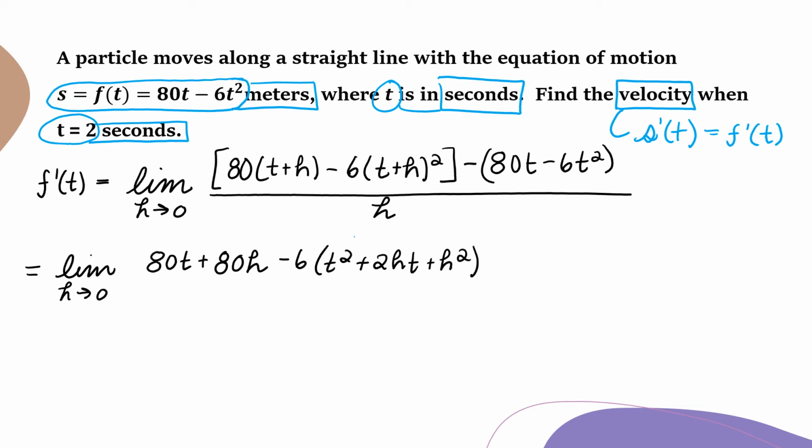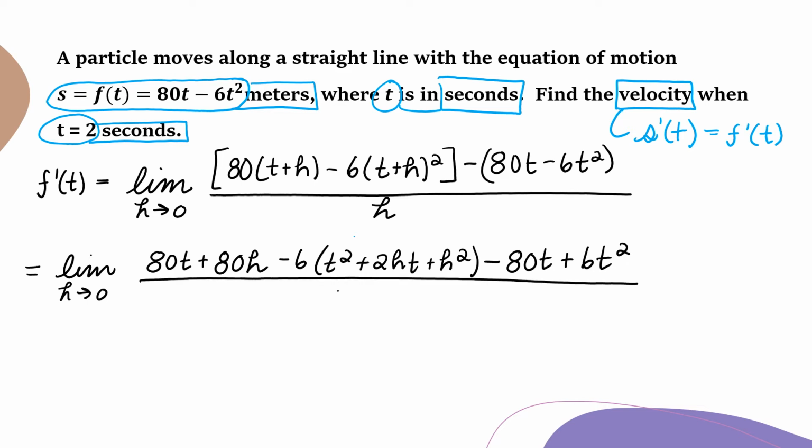Then distribute our minus. So we have minus 80t plus 6t squared, all over h. 80t minus 80t will subtract out. Then let's distribute that minus 6.